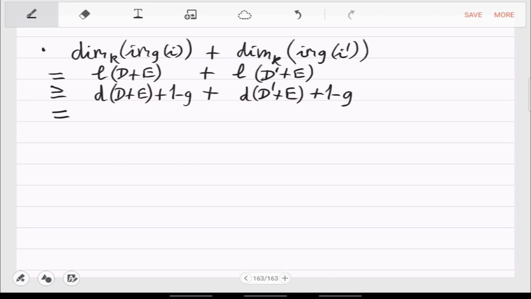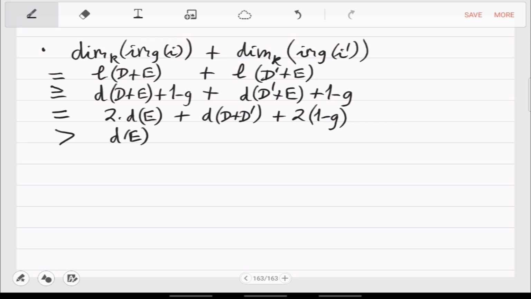Now, degree is very well behaved. It is just you can sum these things up. So, you get degree of twice the degree of E plus degree of D plus D prime plus twice of 1 minus G. So, it is here that I will make E bigger. I will make it so big that this quantity is at least this.